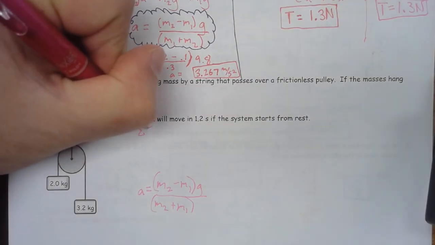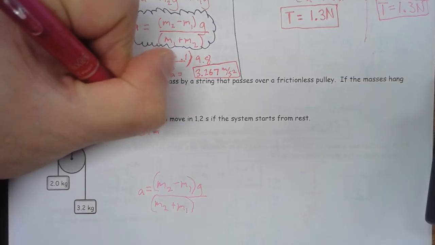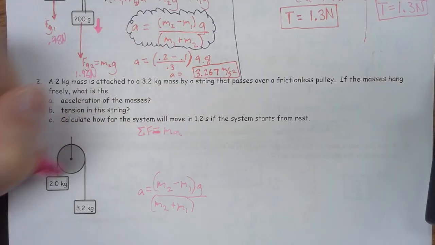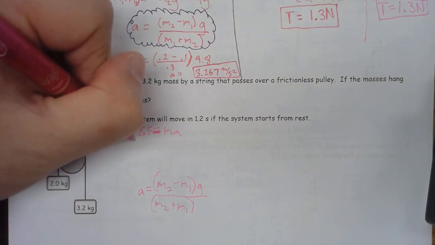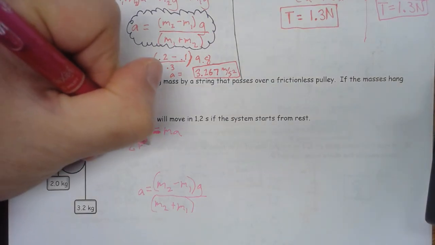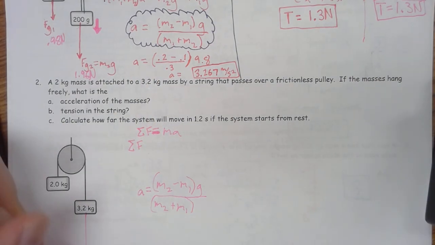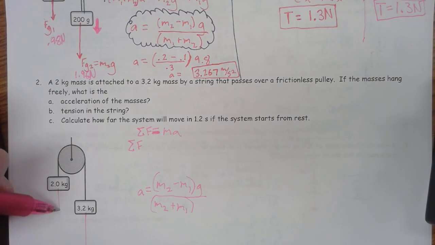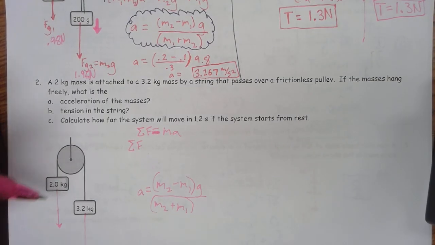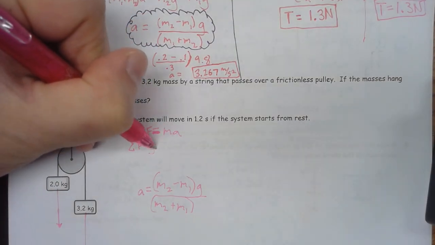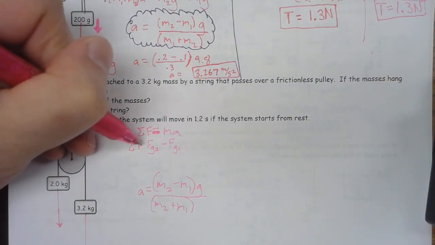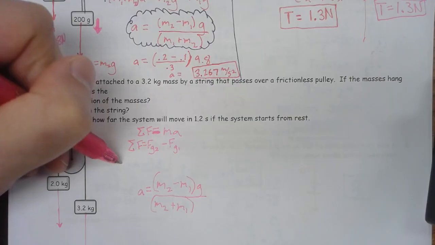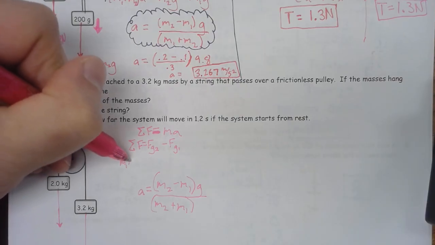So we would need to be able to say that the net force equals ma. And then we need to say, what else do we need to say? We need to set up that the net force is a competition between our two forces of gravity. So Fg2 minus Fg1 is equal to the addition of the masses.